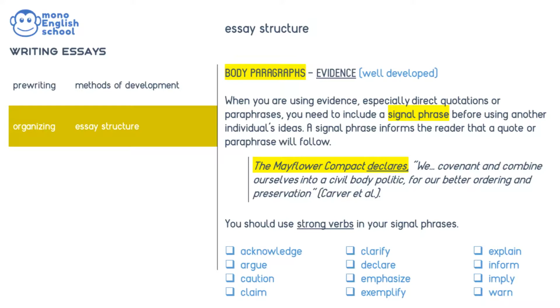For example, acknowledge, argue, caution, claim, clarify, emphasize, exemplify, explain, inform, imply, and warn. These verbs all indicate the tone, style, purpose of the evidence, and also enhance the impact of your writing.